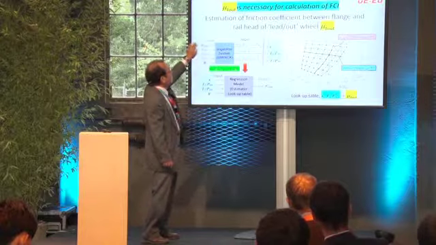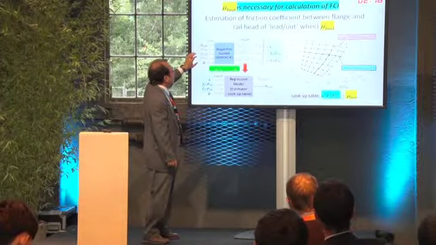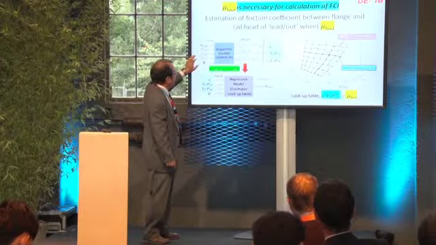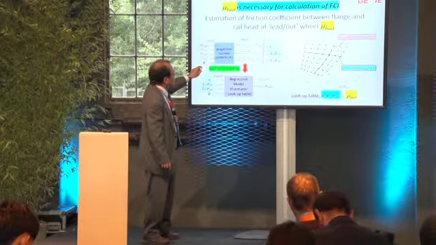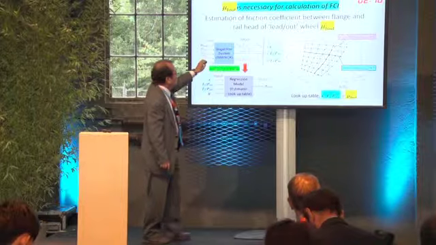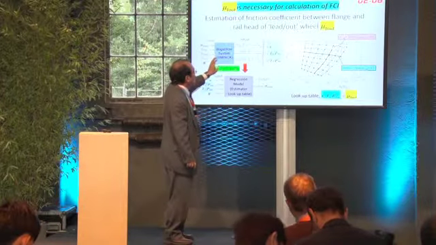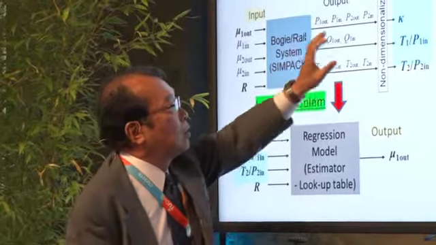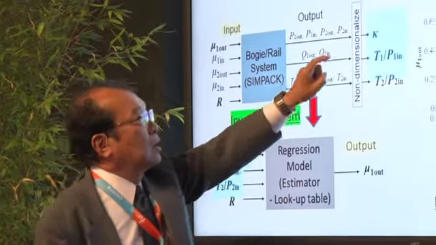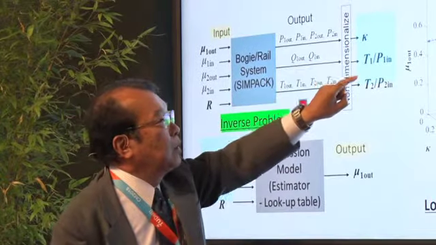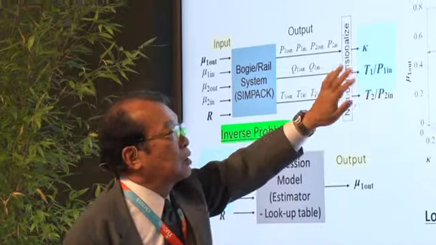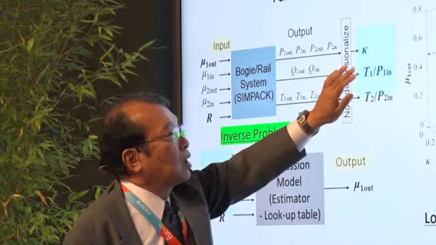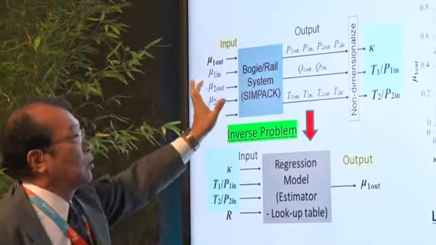By using various values of mu and R, the radius, various values of output, Q by P, are calculated. This is the friction, this is the longitudinal force.